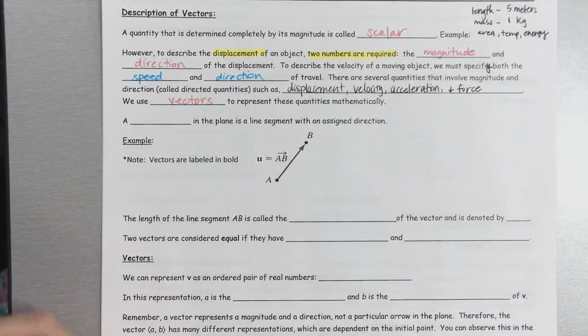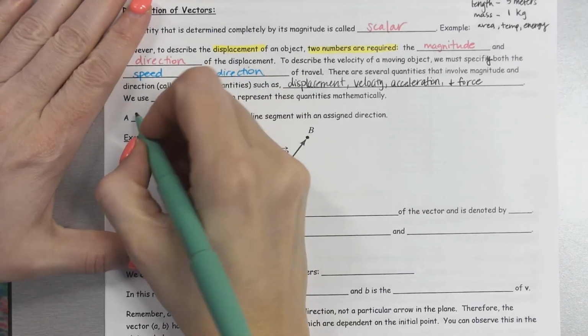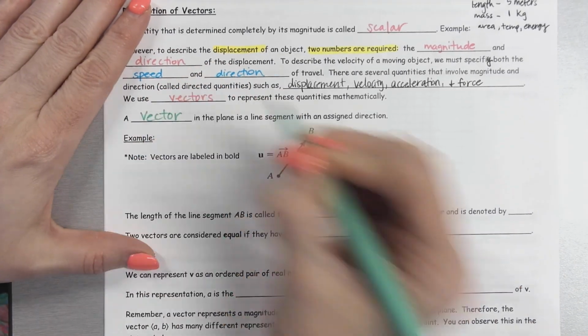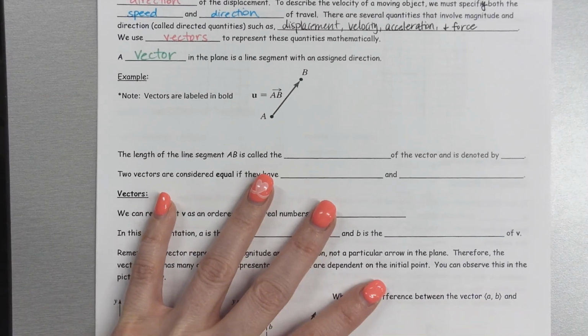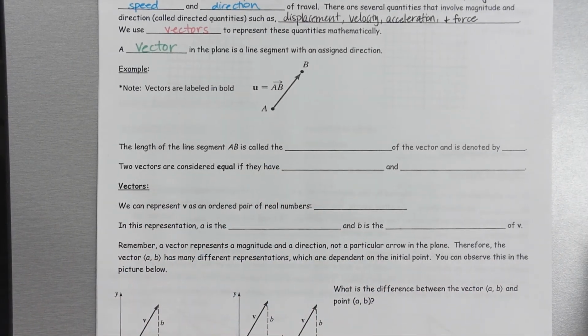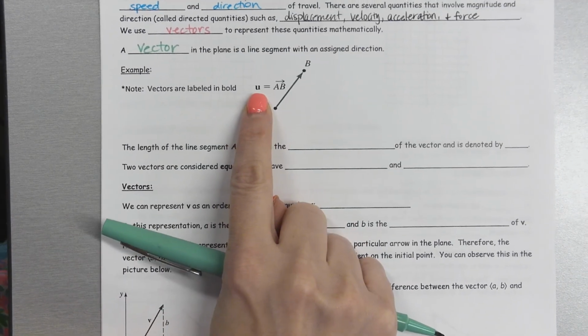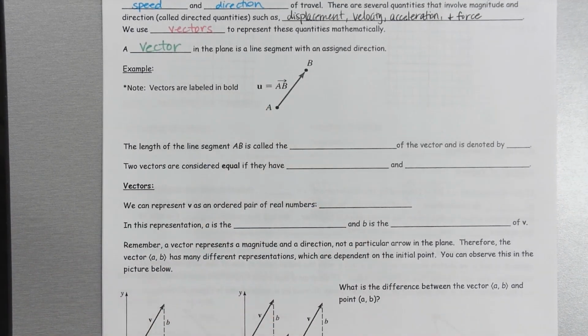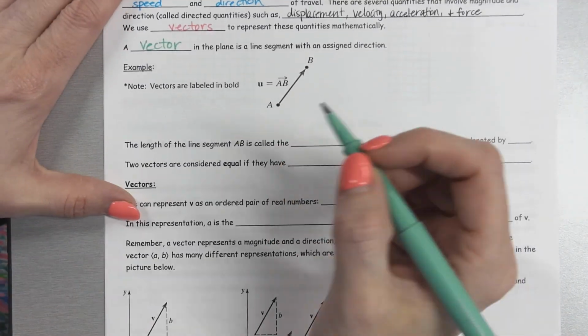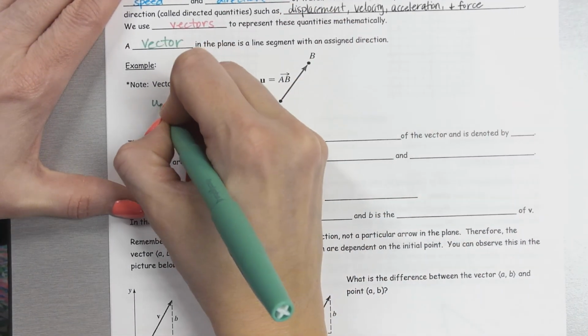So when you have these 2 quantities, we use vectors to represent them. And a vector in the plane is just a line segment that has an assigned direction. Like I said earlier, this is something that you were introduced to in geometry. And in this textbook, they will label the vectors in bold. And we will label them like this.